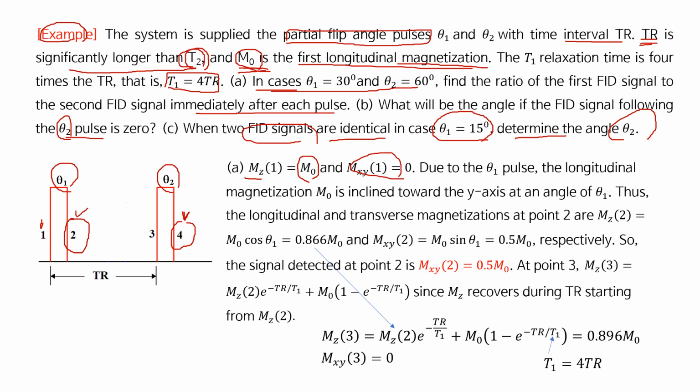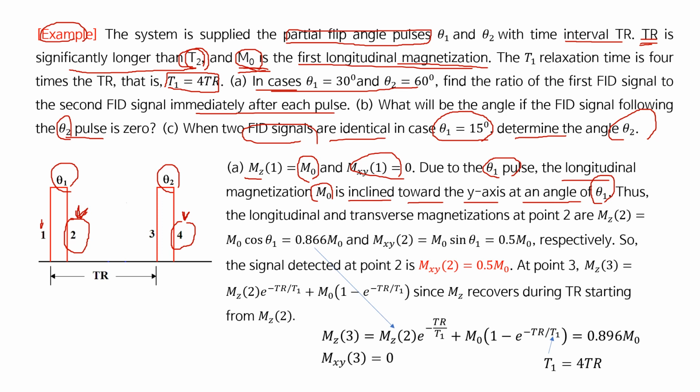At this point, due to the theta 1 pulse, the longitudinal magnetization M0 is inclined toward the y-axis at an angle of theta 1.